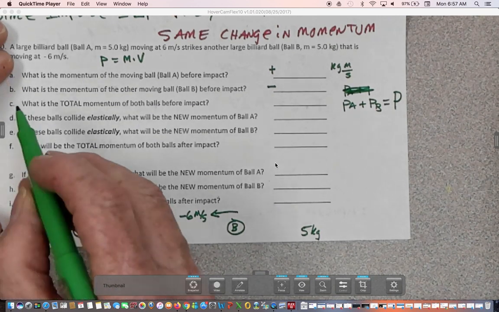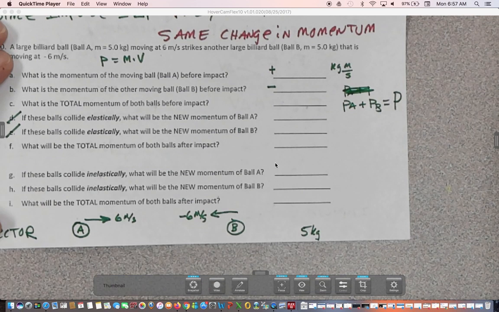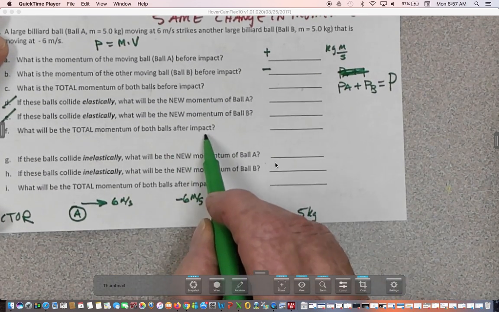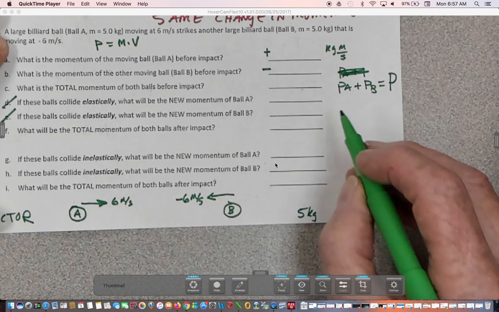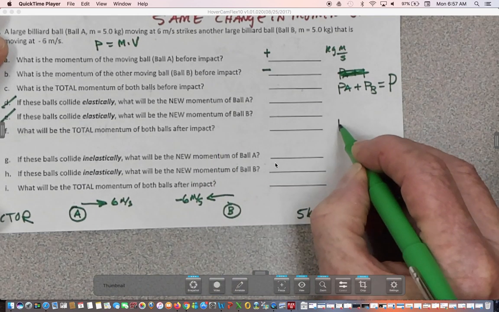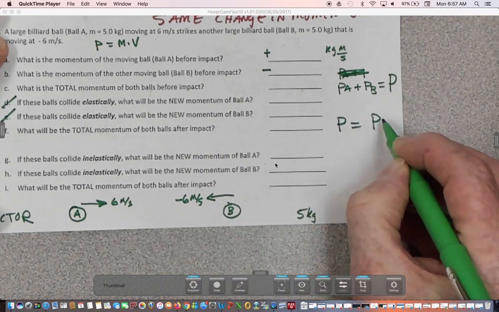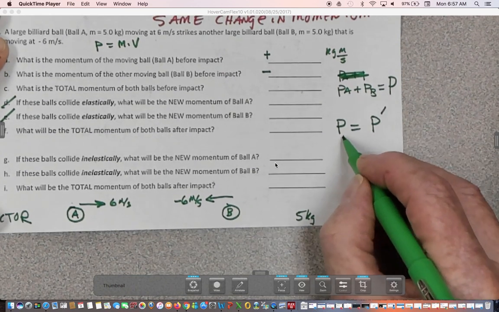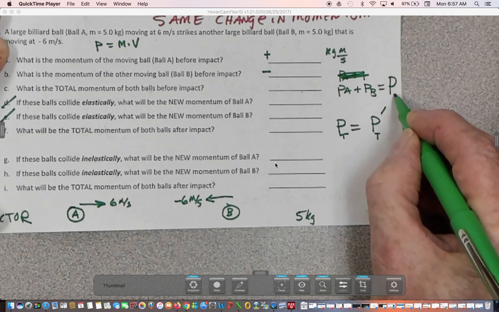This question here and this question here I'm going to skip. What's the total momentum of both balls after the impact? Well, momentum's conserved. The total momentum before equals the total momentum after. I'll put a T on here.